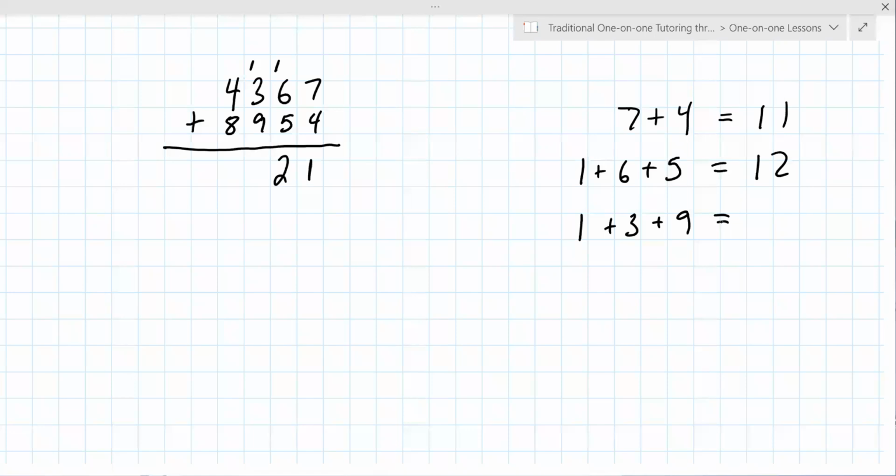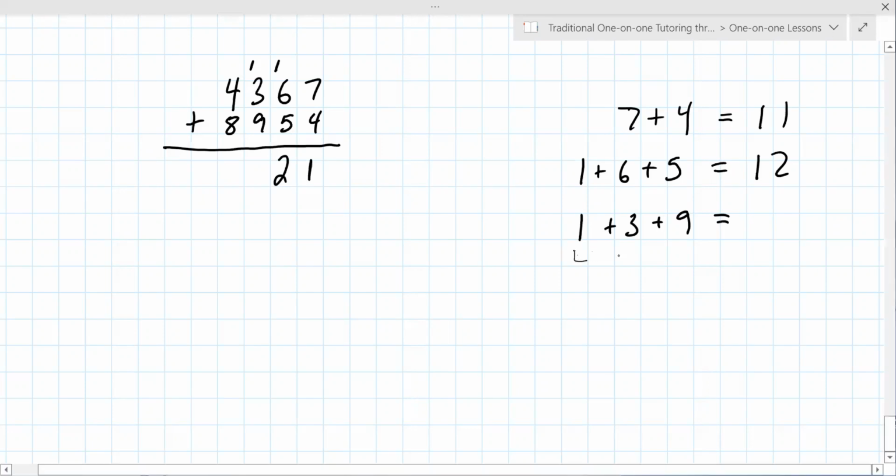Whenever you're ready. 1 plus 3 plus 9. 14.